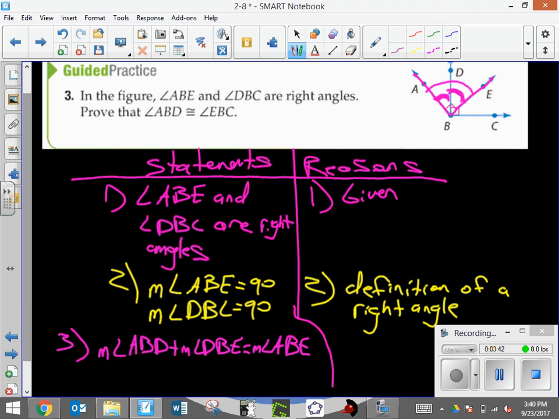Okay, and I want to do it one more time for the other angle as well. I did it for this one, ABE. Now I want to do it for the measure of angle DBC. So I'm going to come back up here to my drawing. I'm going to erase all this, and I want to do it for this one right here. The same idea.